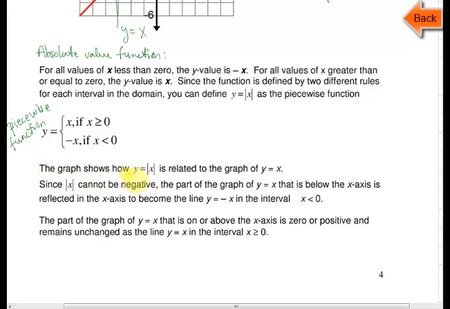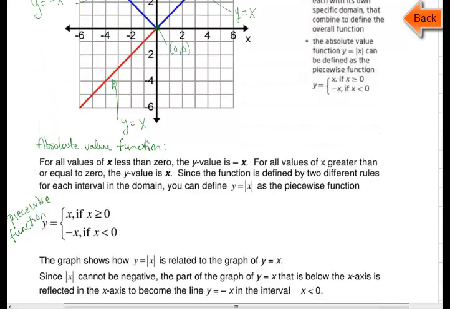The graph shows how y equals the absolute value of x is related to the graph of y equals x. Since the absolute value cannot be negative, and we mean the absolute value of x, the part of the graph of y equals x that is below the x-axis is reflected in the x-axis to become the line y is equal to negative x in the interval x is less than 0.